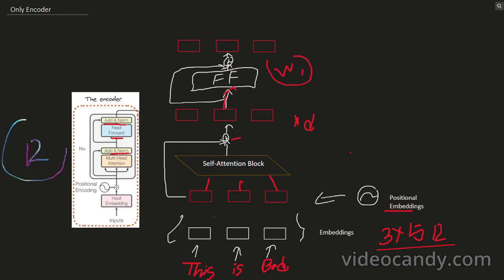Further there will be residual connections at the end, and then all the embeddings will have exactly the same dimensions, 3 into 512. You're just updating the embeddings with more context. This is the most important part of the encoder.